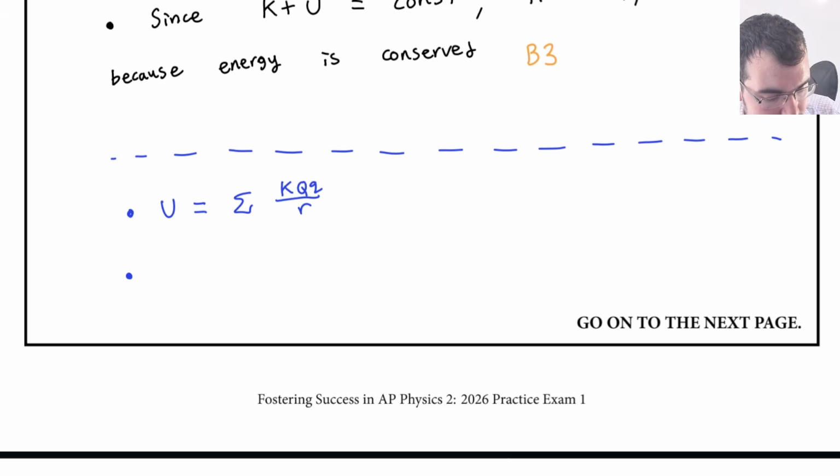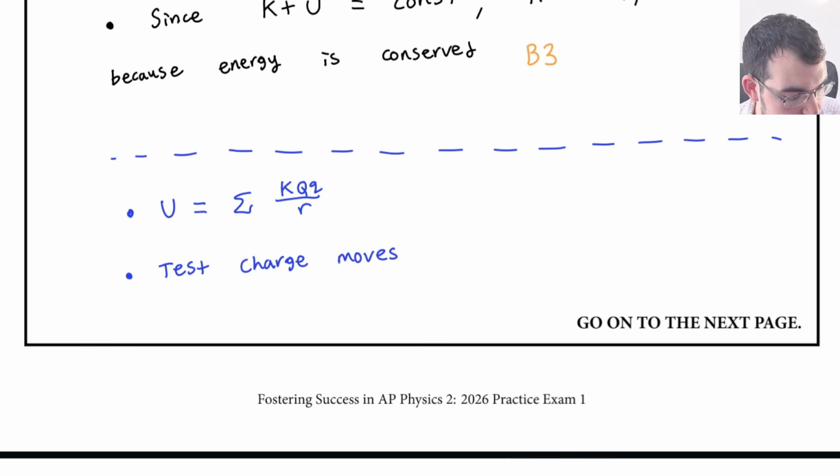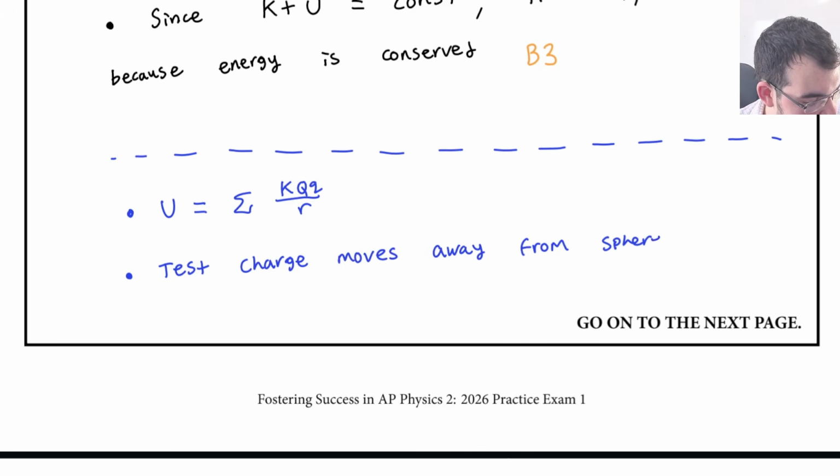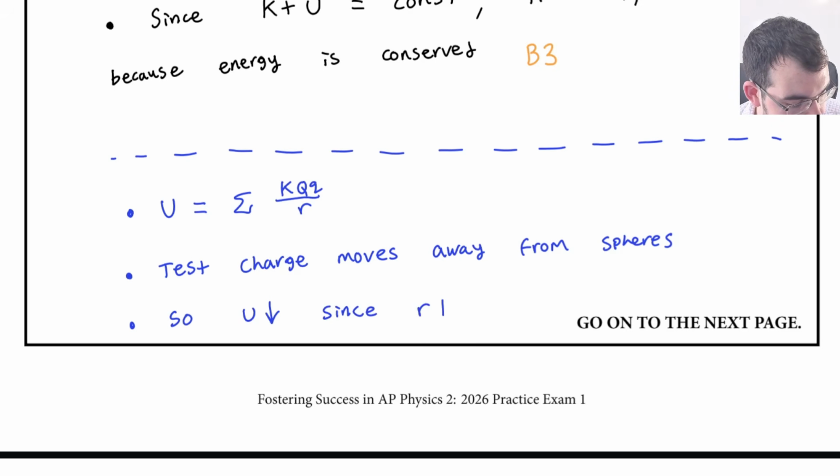So you can say that the test charge moves away from the spheres. So U decreases since r increases.